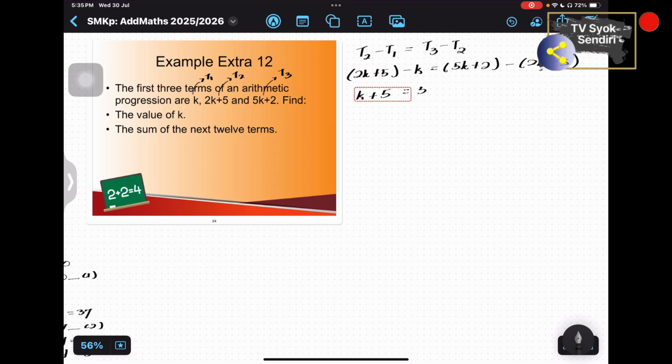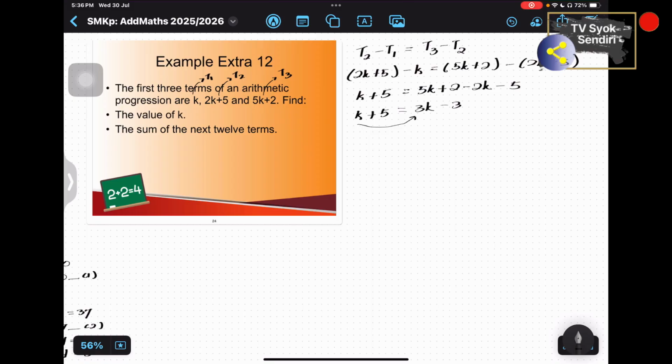Now this side, if you're confused, we do it step by step: 5k plus 2 minus 2k minus 5, because you multiply the negative in. So my k plus 5 is going to be 3k minus 3.